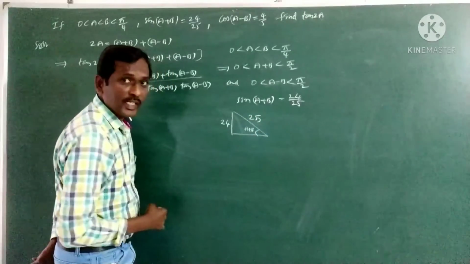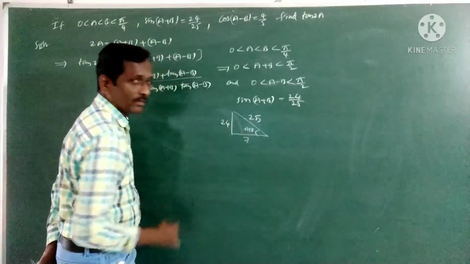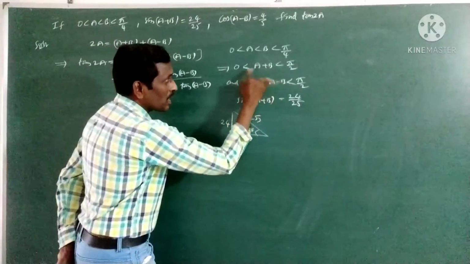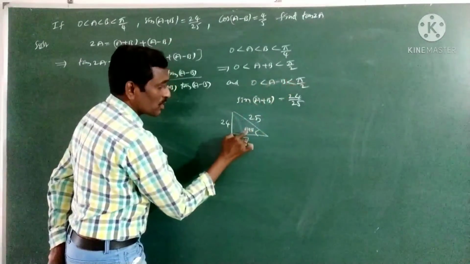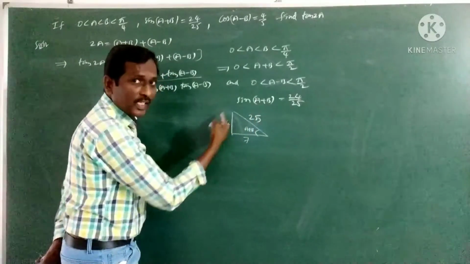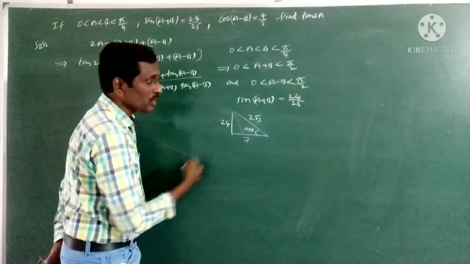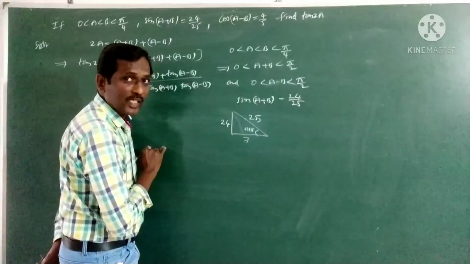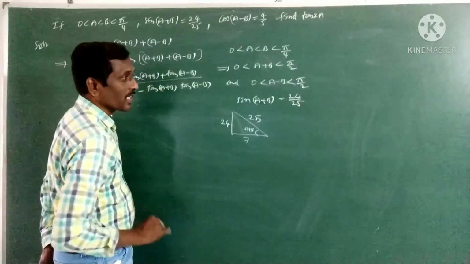What is the other side? Using Pythagoras, you get 7. In the first quadrant all functions are positive, so the tan function value becomes 24/7. We can write tan of a + b as 24/7.